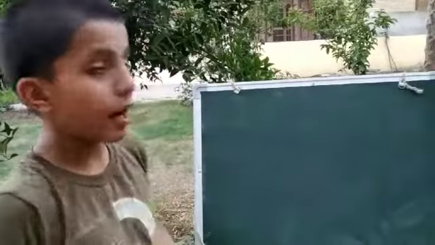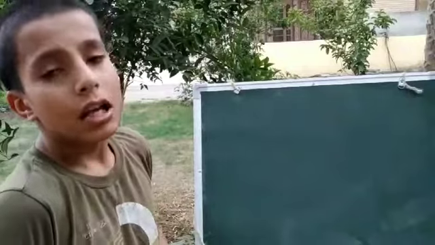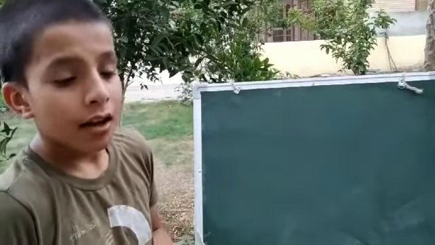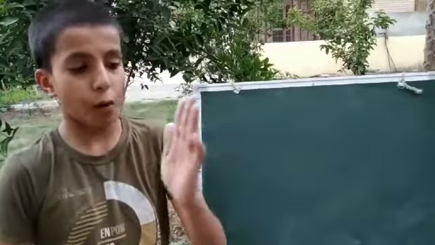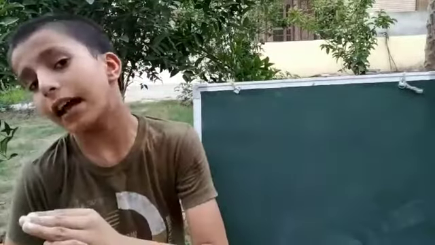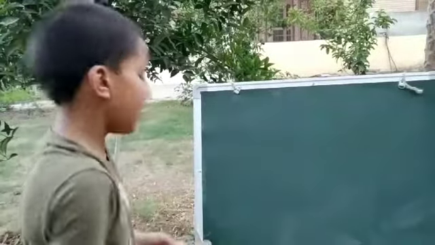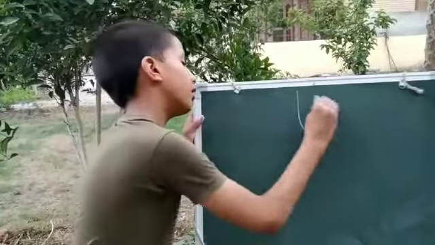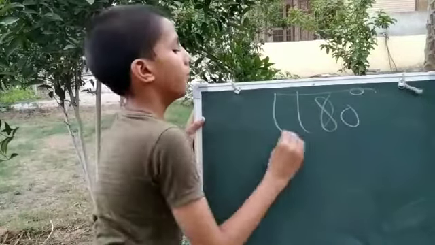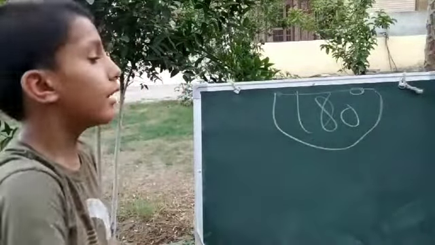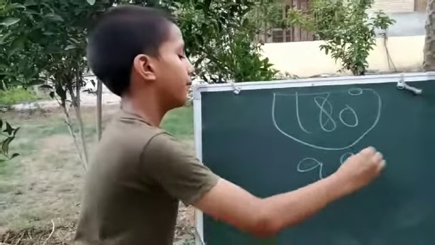And after the right angle triangle, that is the obtuse angle. What is the meaning of obtuse angle? The obtuse angle is not exactly 90, not lesser than 90, but bigger than 90, and lesser than 180 degree, but bigger than 90 degree.